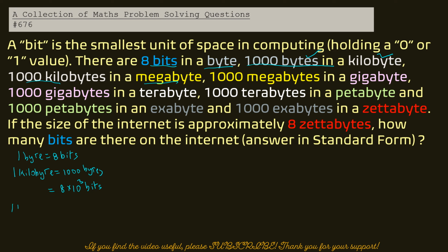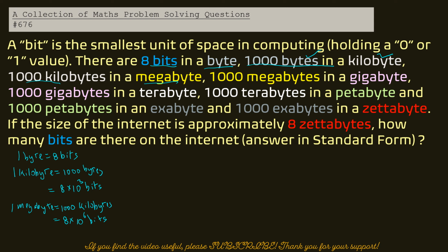So 1 megabyte equals 1000 kilobytes, and that equals 8 times 10 to the power 3 times 10 to the power 3 bits. So that will be 8 times 10 to the power 6 bits.